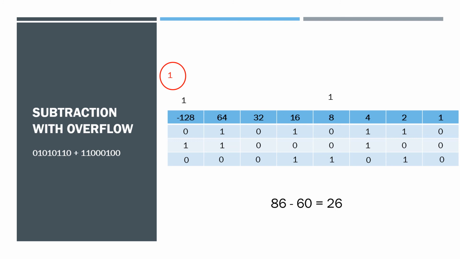So do be careful with that. If this happens in the exam, if you're ever doing a subtraction of this type and you get that overflow bit, you could circle it, you could write next to it 'overflow, not an error' or something like that. This one actually does come up relatively often in the exam, and it does catch students out.